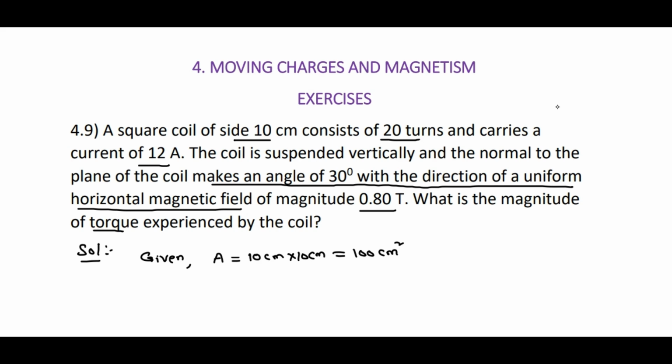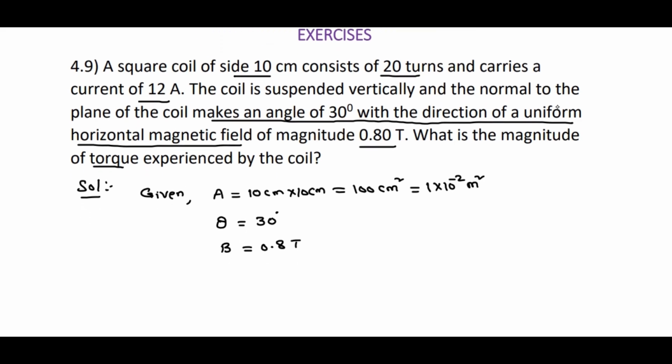That can also be written as 1 into 10 power minus 2 meter square. And angle between magnetic field and normal of the square coil, that is area vector, is 30 degrees, and strength of the magnetic field 0.8 Tesla.